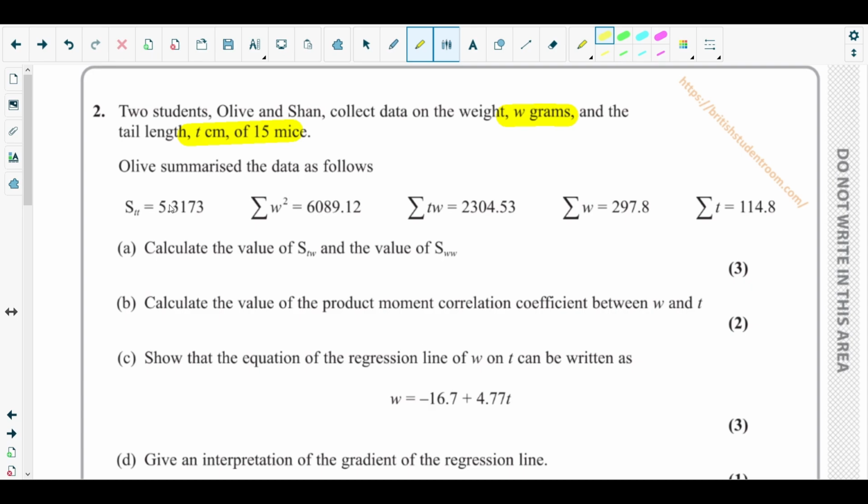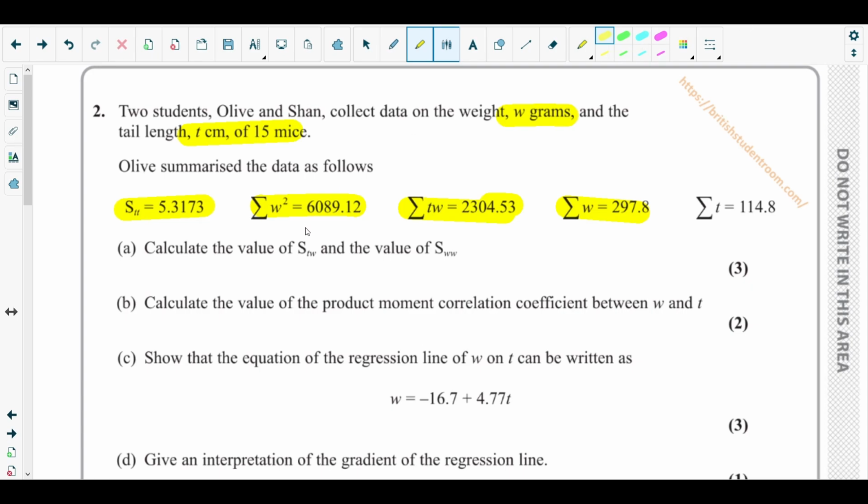Some statistics are summarized here: S of TT is 5.3173, sum of W squared is 6089.12, sum of TW is 2304.53, sum of W is 297.8, and sum of T is 114.8.